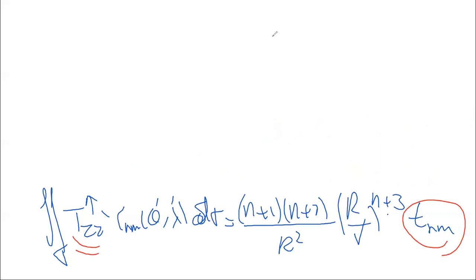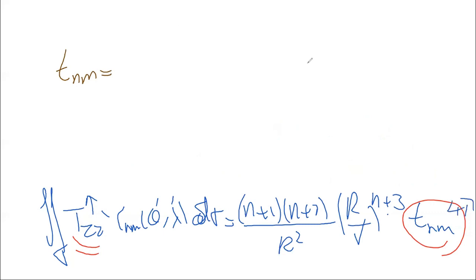So the solution will be T_nm is, oh, I have forgotten 1 over 4 pi somewhere here.